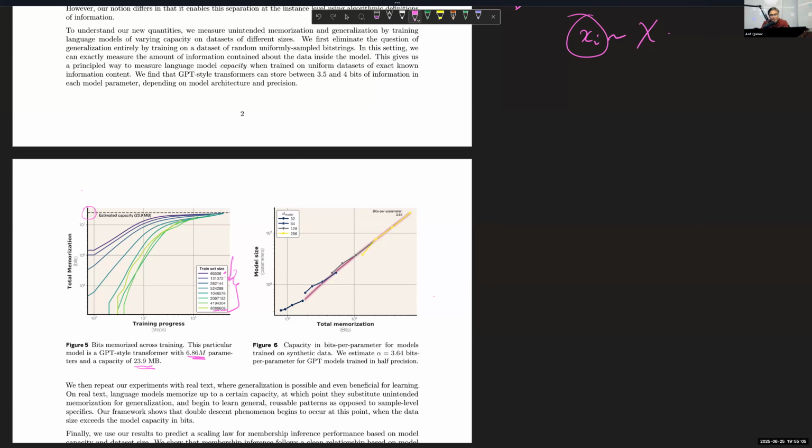And in each of these cases, they seem to come back to this number again and again, which is that these models' memorization capacity is about 3.6 bits per parameter. Right? So you can literally see how much they have memorized against the model size.